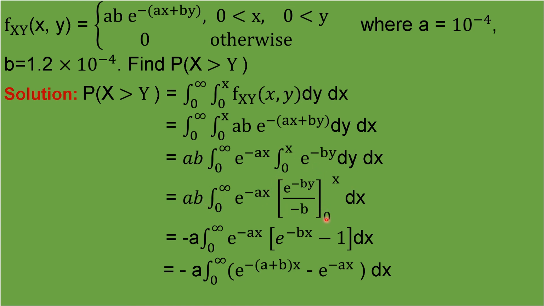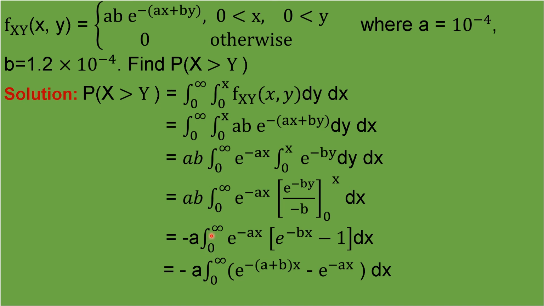So b cancels, and the minus sign goes with a, giving -a. The integral from 0 to infinity of e^(-ax) times the difference of e^(-by) at x and at 0: put y as x, e^(-bx), minus, put y as 0, e^0 is 1, dx.